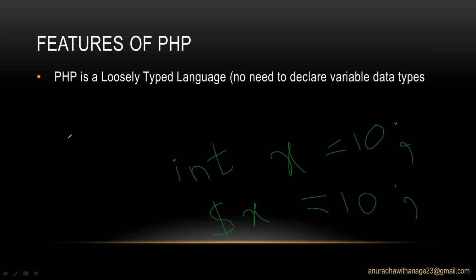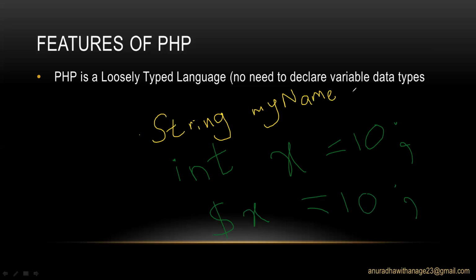I will write another variable, then you can understand loosely typed and strongly typed languages. I'm declaring another variable in Java for a name. Name is text, so I have to declare the data type as String. My name is my variable, and I'm writing Java, not PHP.